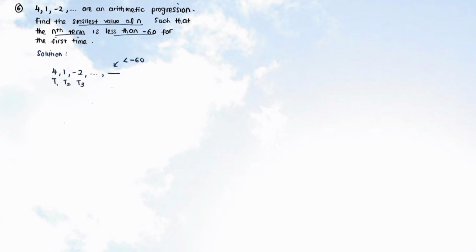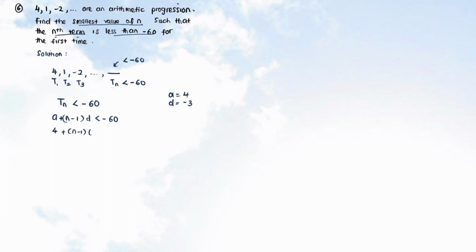T1, T2, T3, and this one is Tn, which is less than negative 60. So Tn less than negative 60, use the formula a plus (n minus 1)d less than negative 60. So a is equal to 4, d is equal to negative 3. We substitute into the formula.